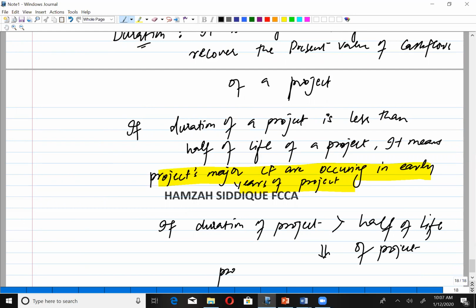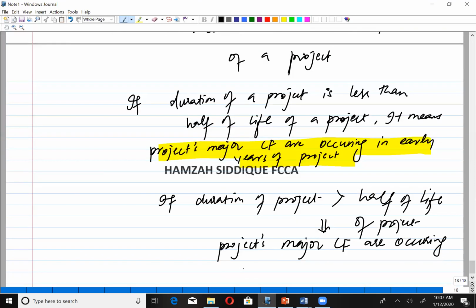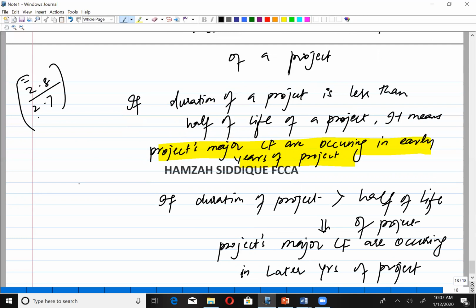The project's major cash flows are occurring in the later years of the project. It means if the answer is 2 point something, 2.8 duration, 2.7, more than 2 in this case, then we say yes.